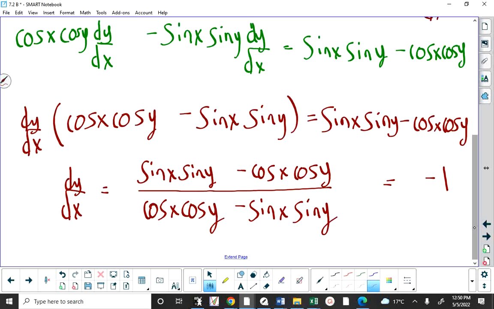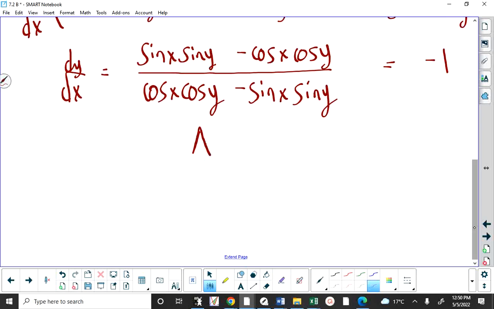There's a couple of ways to know that it's equal to -1. One is just to know the rule that binomials that are negatives of each other have this form. The other thing that you could do is you could factor a negative out of the top and turn the top into the bottom.